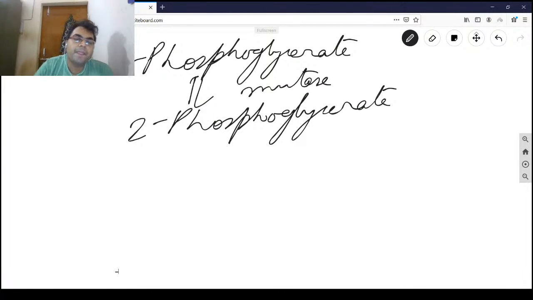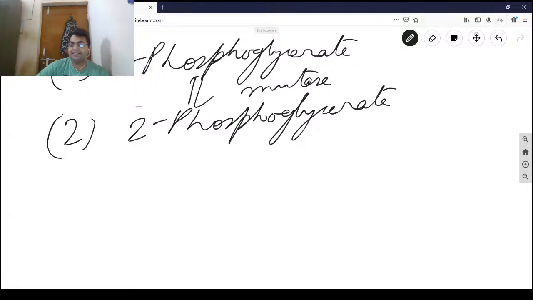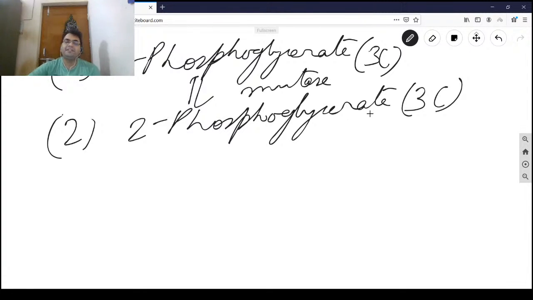So from 2-phosphoglycerate to phosphoenol pyruvate, it is still a 3 carbon compound. We started from glucose, 6 carbons, so here 2 times 3 carbon means we are maintaining the stoichiometry.